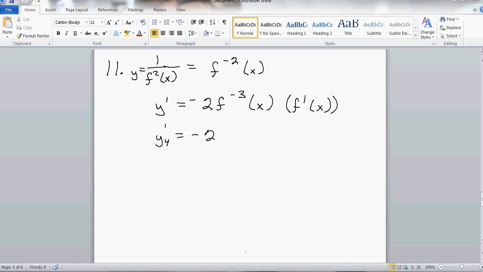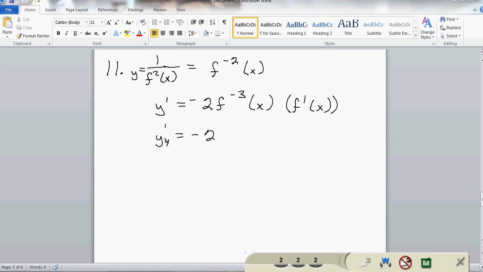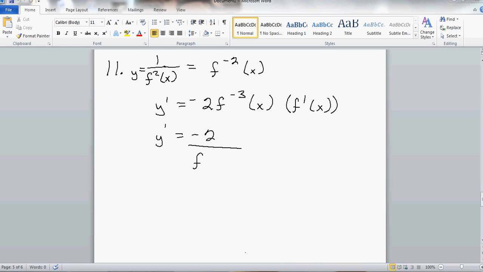Let's rewrite this first into a more acceptable form because it's actually easier to do the calculation once we do that. So this becomes negative 2 over f cubed of x times the derivative of f of x. We have to be careful of derivative versus that looks like a 1. And so this will become negative 2 times the derivative of f at 4.